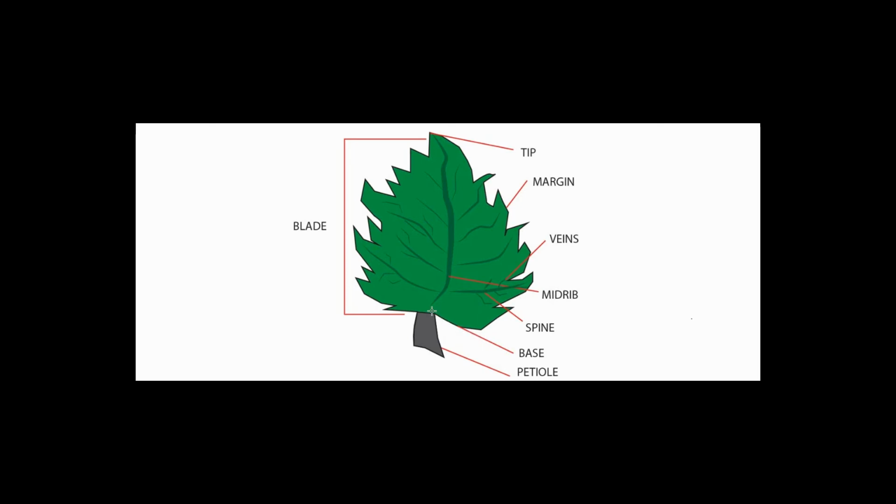Further, if you will observe, the leaf has what we call a slender portion in the middle, that is what we call the midrib. And also, this middle portion has lateral veins, and these have minute slender-like structures which are called veinlets.